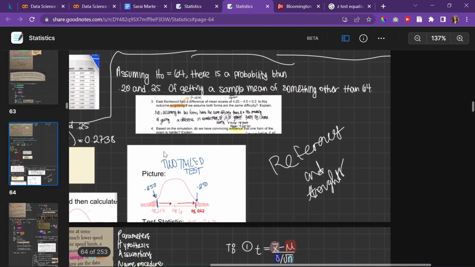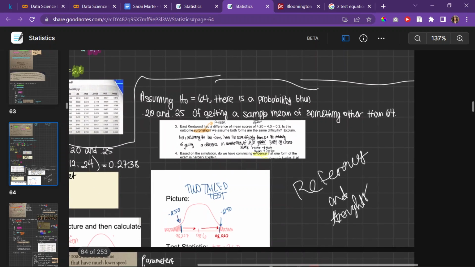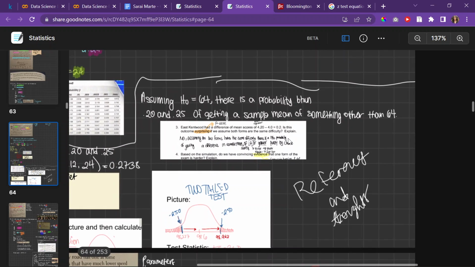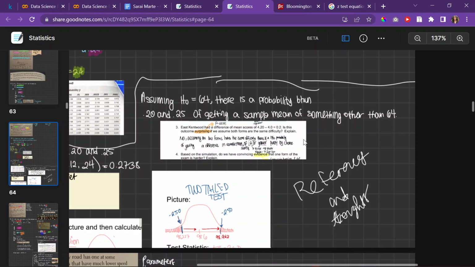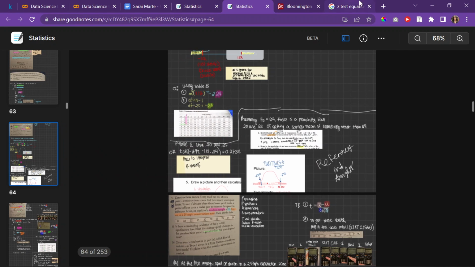I didn't talk about the t table, but there is another way of calculating this using the t table. The essence is that there's a probability between blah blah blah of getting a sample mean of something other than your sample statistic. Okay, anyway, that's it.